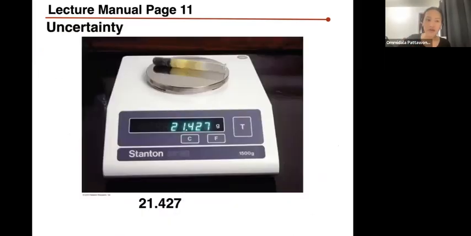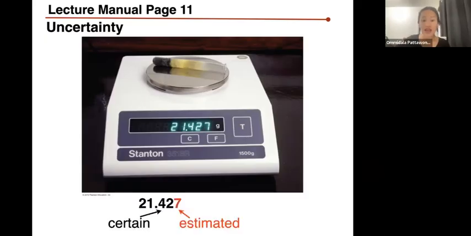However, if you're looking at something that you measure, such as in this case when we're measuring the mass of a sample, the number that the digital balance gives you, 21.427, is not an exact number. This is a number that contains uncertainty as well.